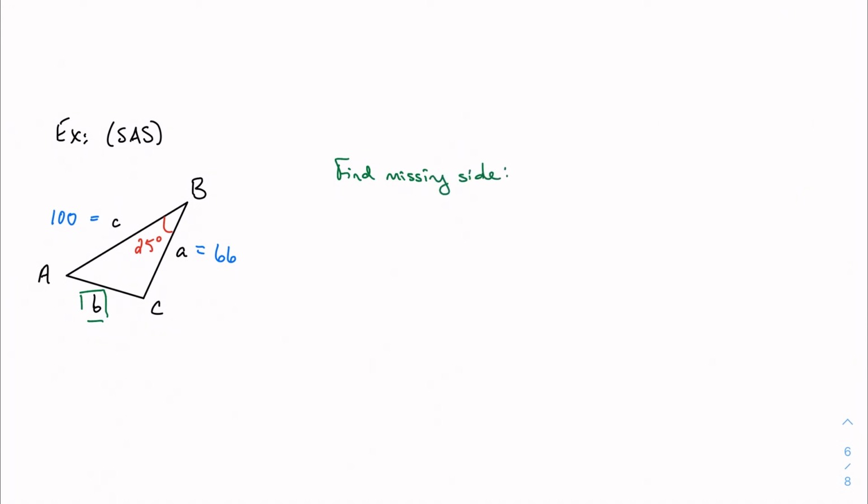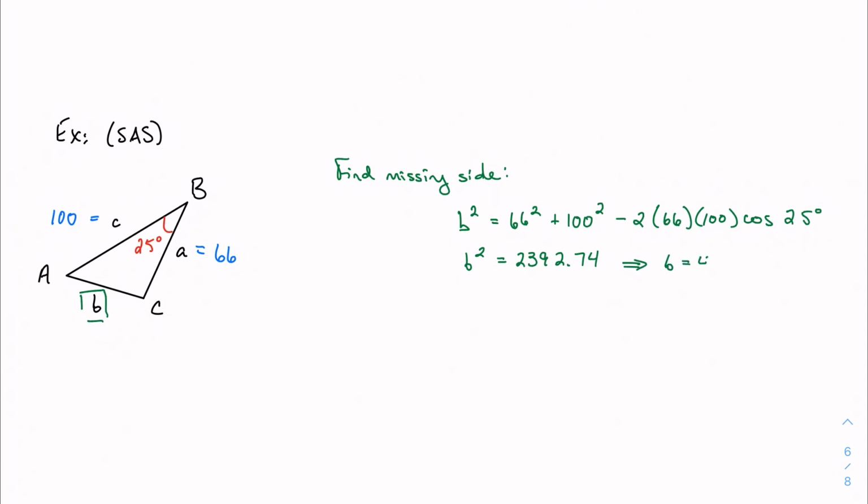So b squared equals the sum of the squares of the other two sides, so that'd be a squared plus c squared, minus 2 times the product of those sides, cosine of whatever that angle is opposite the side I'm looking for. So if I put it all together, I get 2392.74, and solving for b, 48.92.